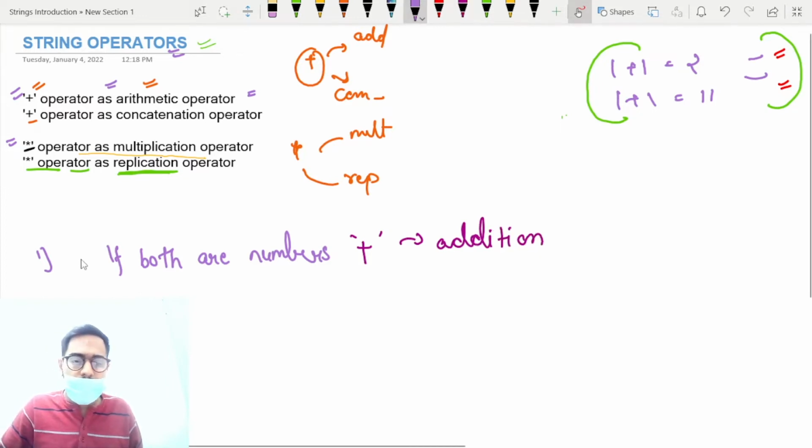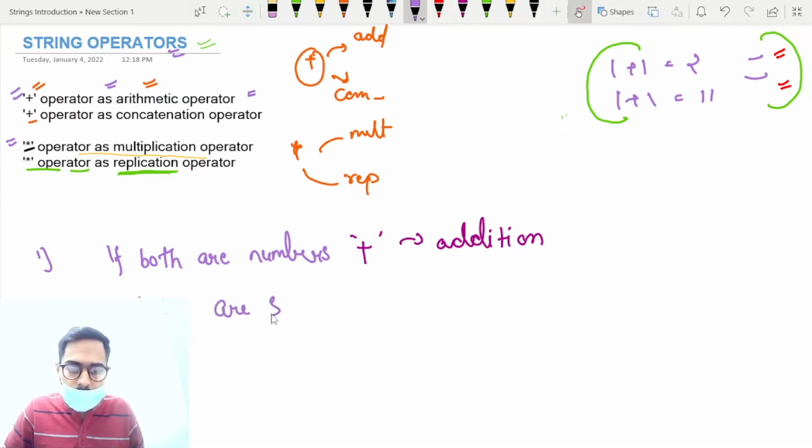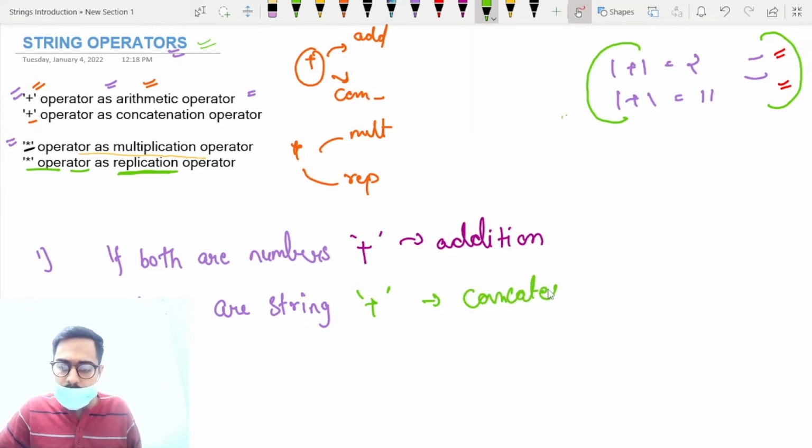The second thing, if both are strings, then the plus operator will act as a concatenation operator.